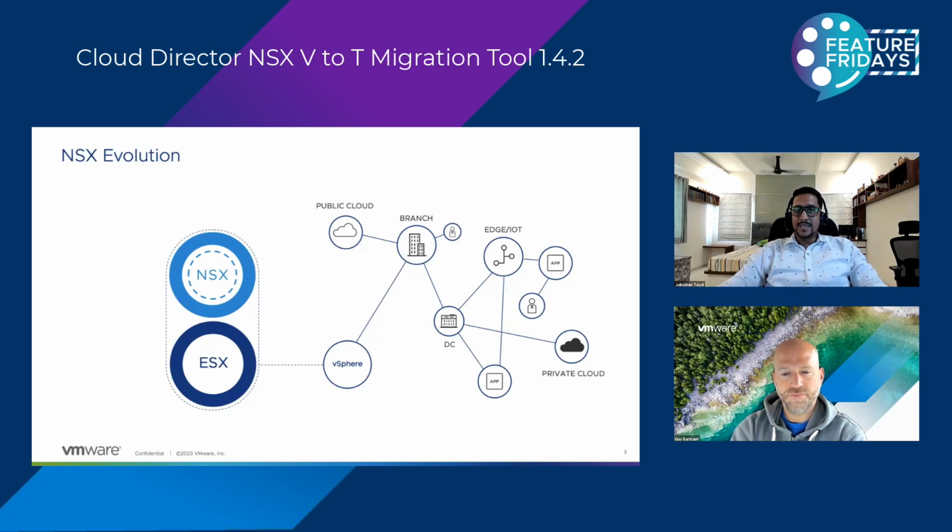NSX for vSphere had only one endpoint, vCenter Server, and it catered to basic or slightly advanced networking requirements like routing and switching. That was a limitation if you wanted to use the same network layer for other SDDCs or hyperscalers; it was a roadblocker.